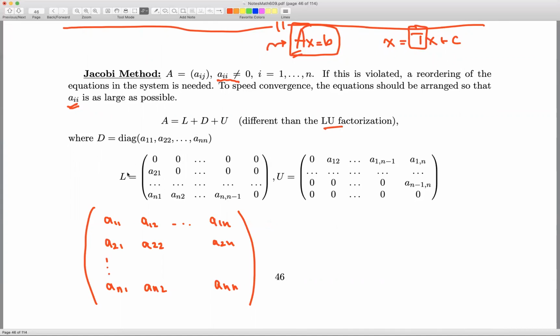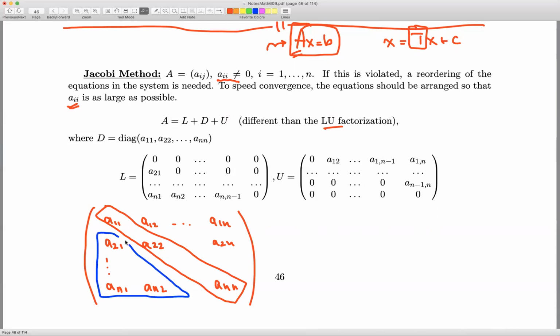So what is this representation? We denote by D the diagonal matrix that has the diagonal elements of the matrix A. By L, we denote the lower, and it's not really lower triangular, because lower triangular would mean that we incorporate the diagonal. Here we look at the elements that are strictly below the main diagonal.